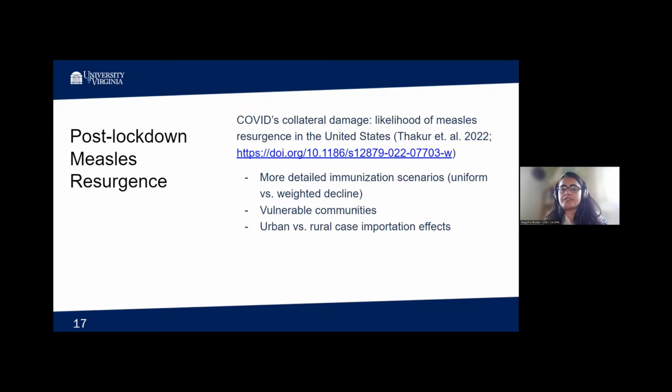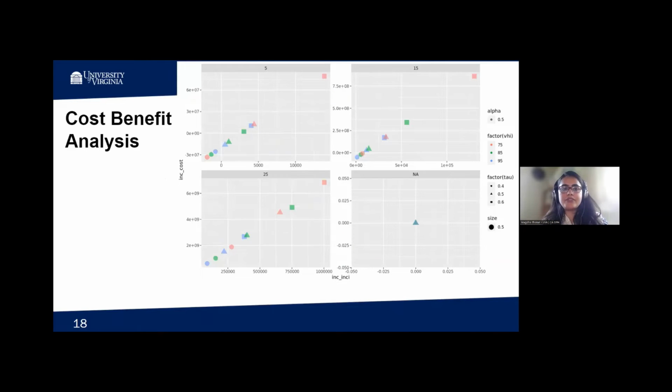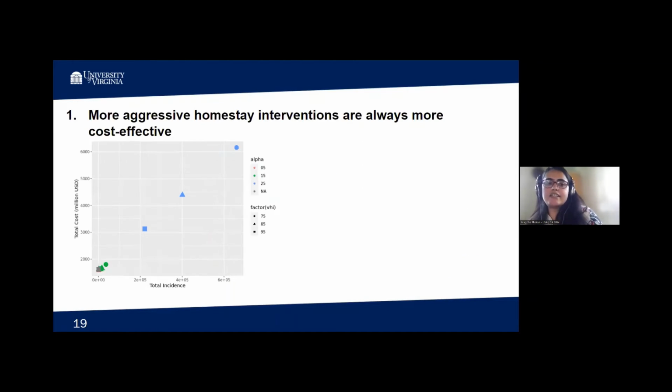We look at vulnerable communities in the different decline situations, and we also see the importation effects, whether the seeding was in the urban region or a rural region. For the scope of this presentation, I really want to talk about the cost analysis, so I'll skip over those results for now.